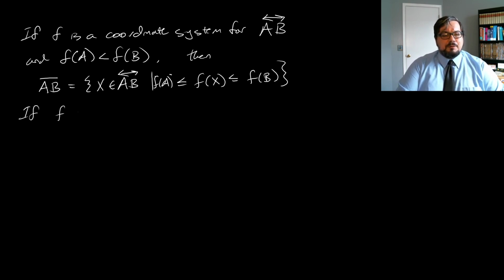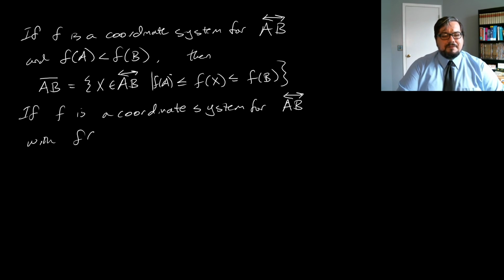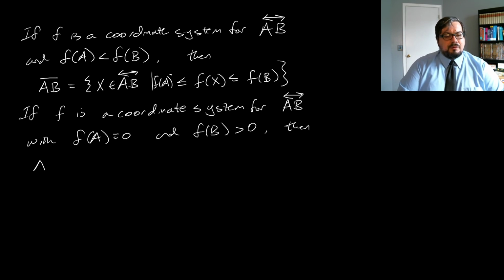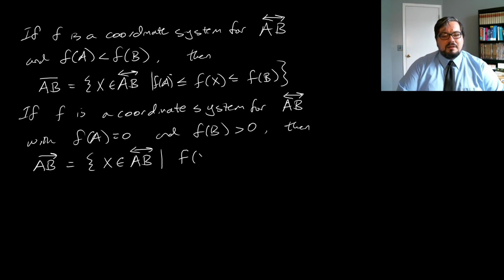We can do a similar thing with rays. So if f is a coordinate system for AB with f of A equals 0 and f of B strictly greater than 0, then the ray AB can actually be described as the set of all points on the line where the coordinate of the point is greater than or equal to 0.